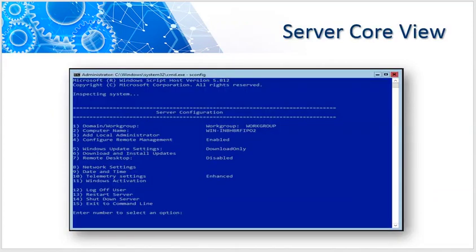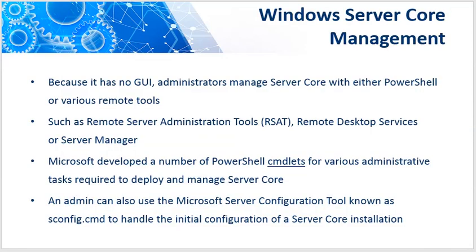And here is the configuration snapshot. You have the sconfig command that provides the basic configuration of the machine, to join it to the domain or the network, or to set the IP address for future use.